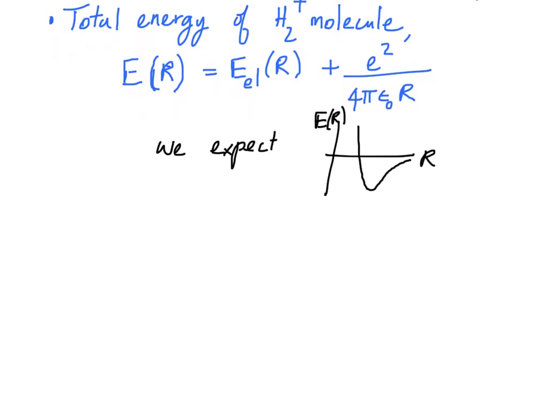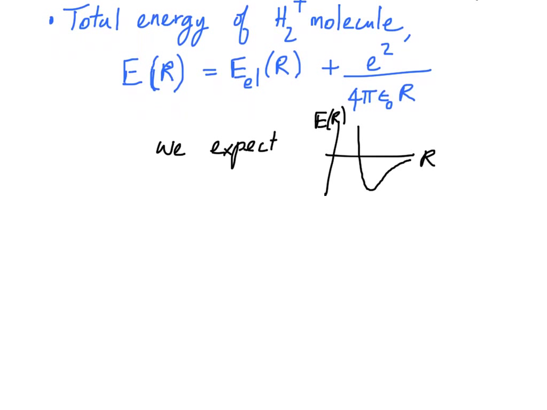Now, when the electron is close to one proton, it's going to be somewhat like the hydrogen atom situation, and so the electron will be in a 1s-like atomic orbital corresponding to that proton, whereas when the electron is close to the other proton, it is going to be in a 1s-like atomic orbital corresponding to that proton.